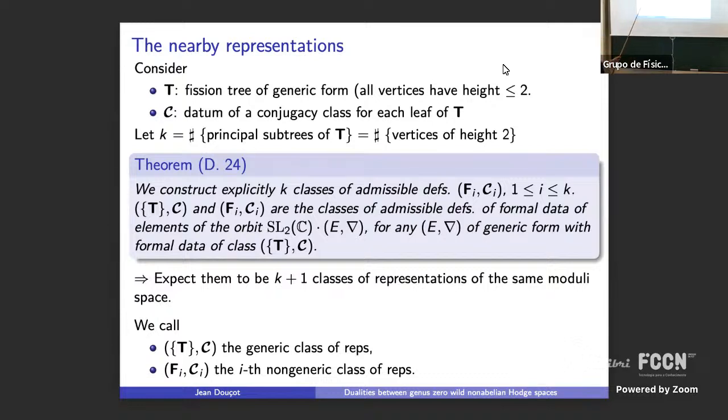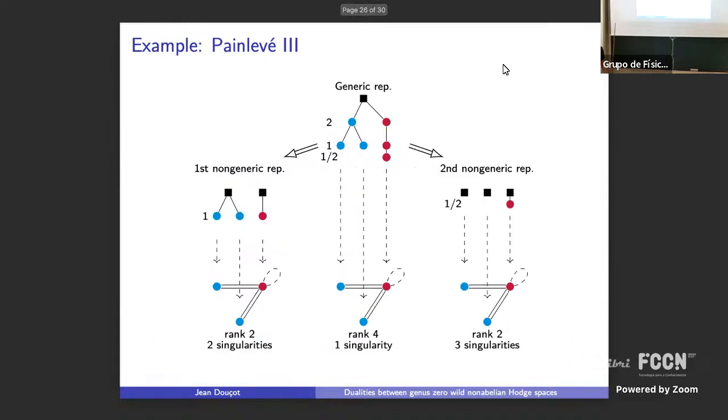And for each principal subtree, I have a non-generic class of representations. Let me show you this on an example, which corresponds to the Painlevé-3 moduli space. Here the generic tree is the following. You see I have two principal subtrees corresponding to the two vertices of height 2, represented in two colors.